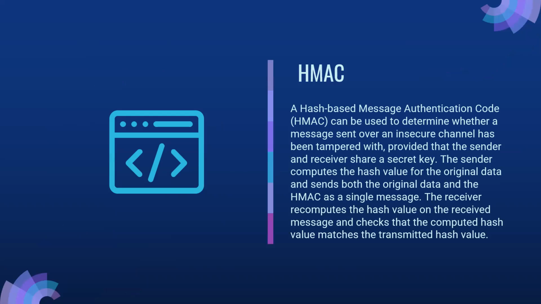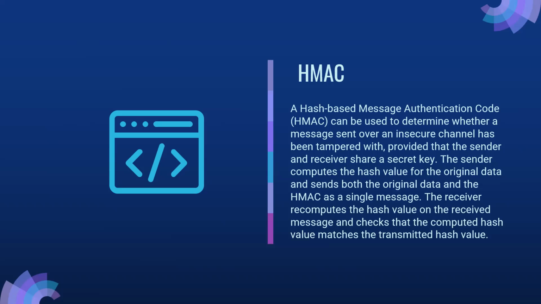Okay, so the HMAC. What is it? A hash-based message authentication code can be used to determine whether a message sent over an insecure channel has been tampered with, provided that the sender and receiver share a secret key.